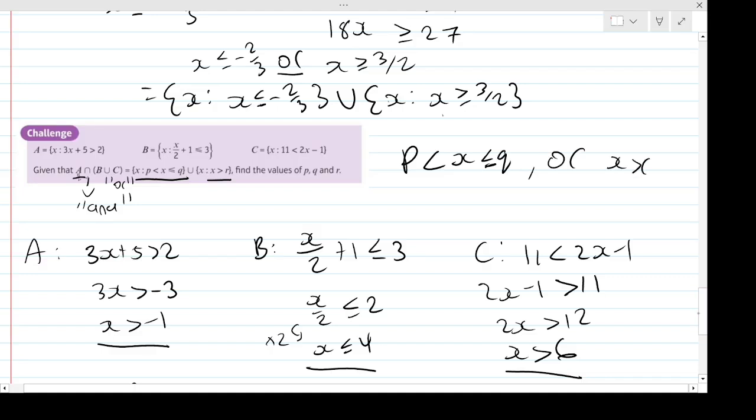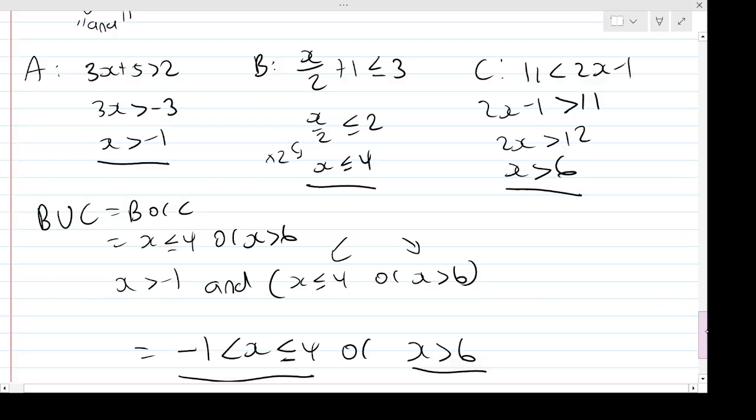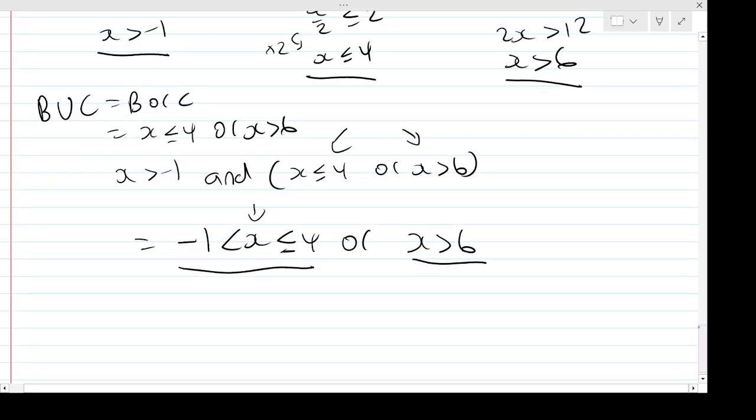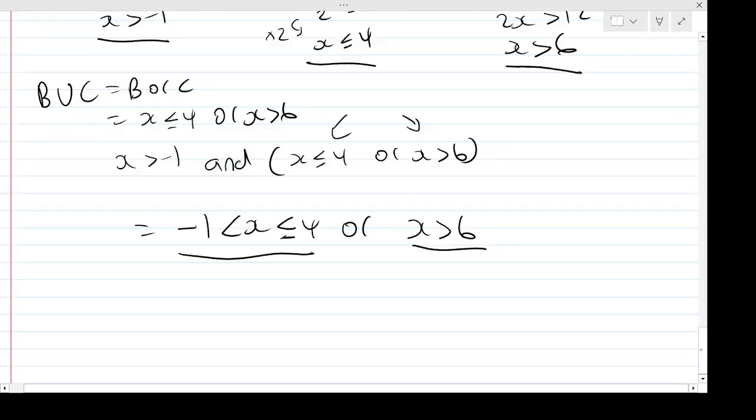Obviously these are just numbers, p, q and r. Isn't that exactly the way our answer is laid out? p less than x less than or equal to q, and x greater than r.